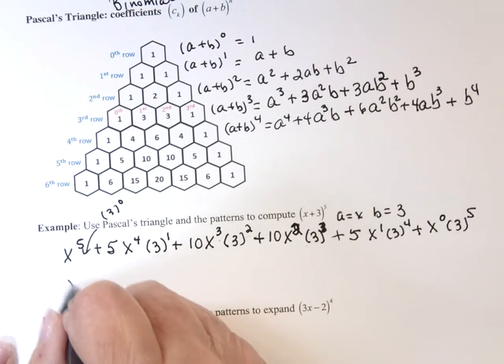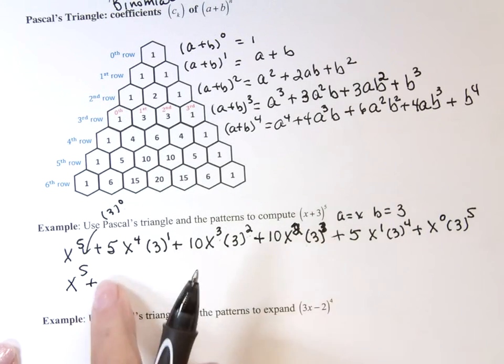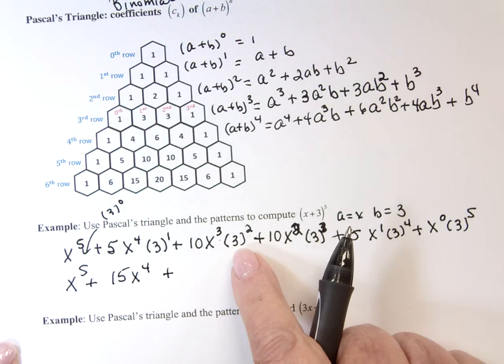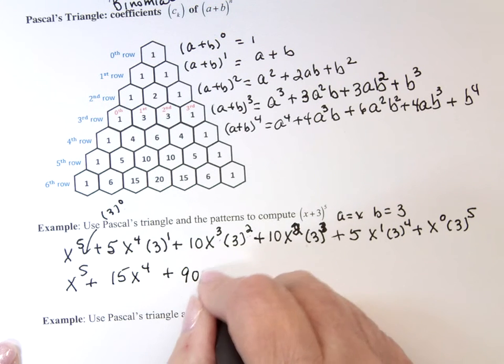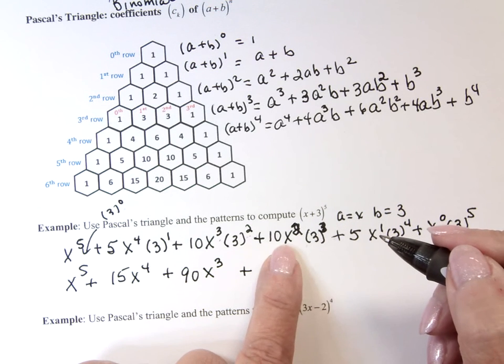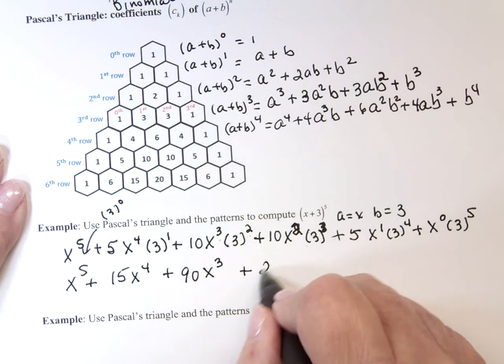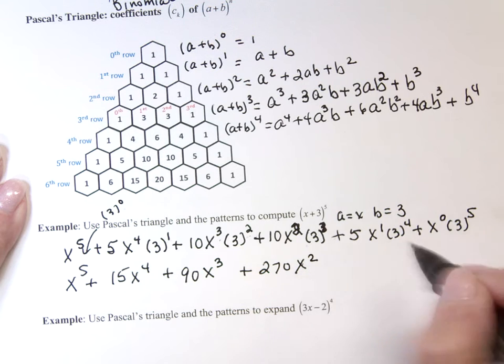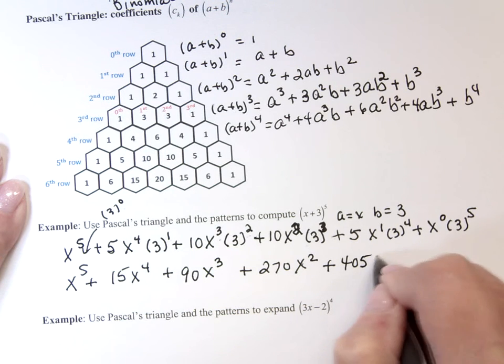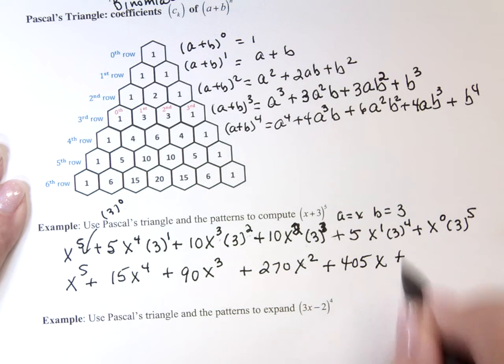So this becomes x to the 5th plus 3 times 5, 15, x to the 4th, plus 9 times 10, 90, x cubed, plus 10 times 27 is 270, x squared, plus x to the 4th is 81, so 81 times 5 is 405, x to the 1, plus 3 to the 5th is 243.